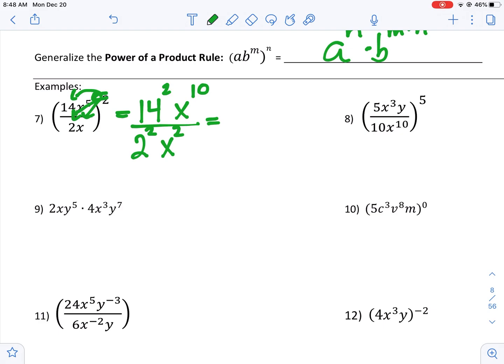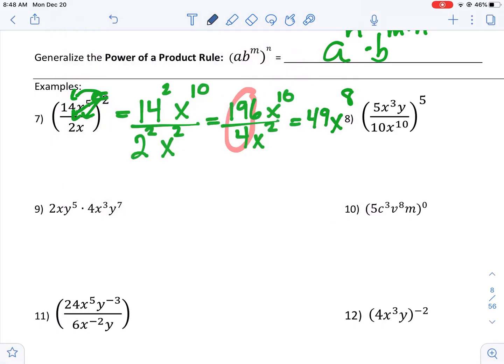So that is 196. X to the 10th over 4x squared. But we can simplify this. So 196 divided by 4 is 49. And then we know we subtract, so this would be x to the 8th.